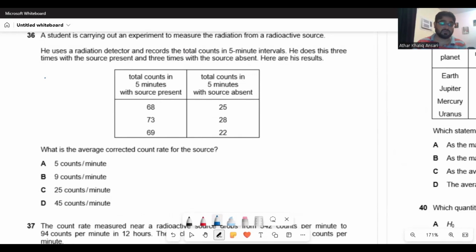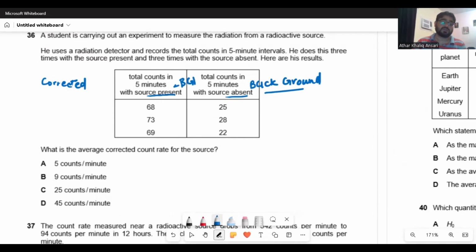So here we need to talk about the corrected count rate. What is the meaning of corrected count rate? This count rate is with the source. This count rate is without the source, meaning it is the background radiation that is always present. So this is background, and this is the source with background radiation.